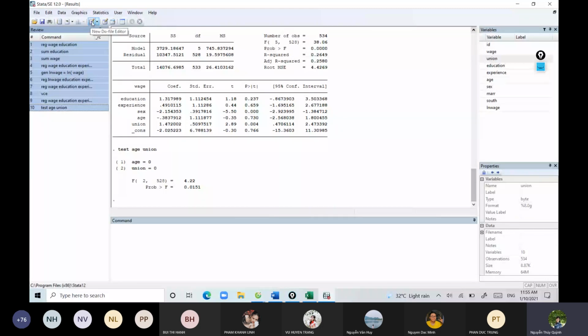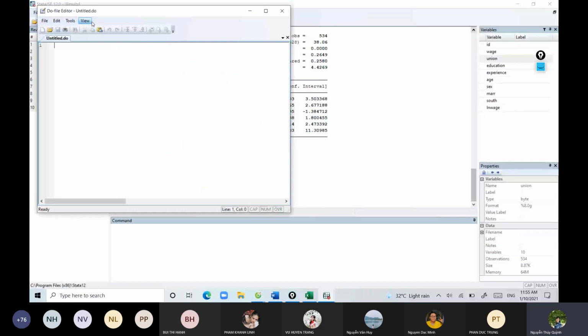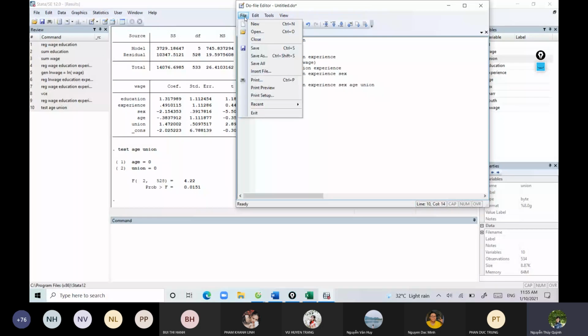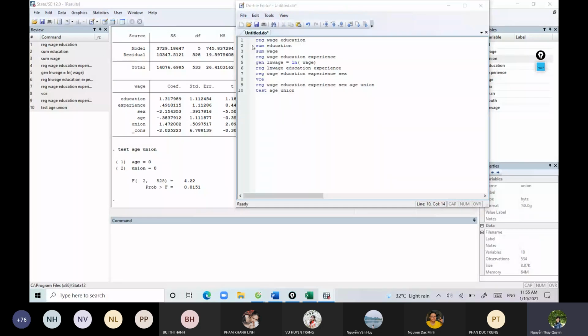You click here, and then Control V. All the commands that you used in this session will be right here, and then you just have to save the do file.